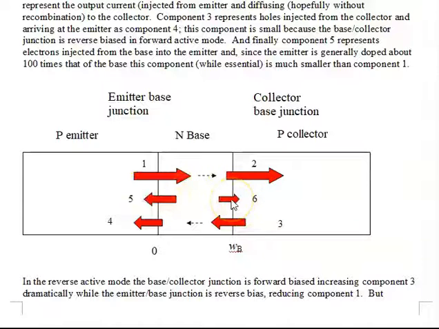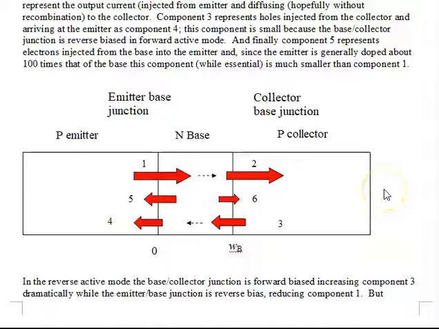Component 6 represents electrons which are injected from the base into the collector. Now, why isn't this bigger? In fact, it should be bigger because we're going from a heavy to a light. The reason is in the forward active mode, the left side is plus and the right side is minus.